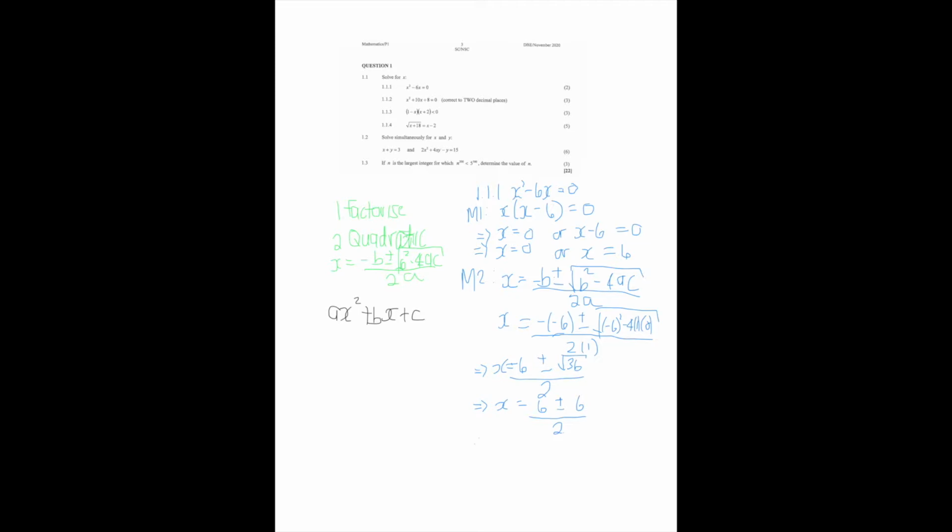So therefore we can see that x is equal to 12 over 2, which is 6, or x is equal to 0 over 2, which is 0.